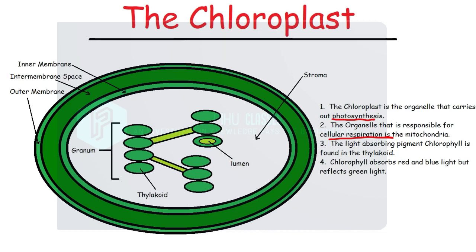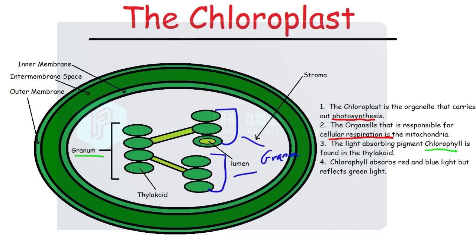Now the pigment that is responsible for absorbing light energy is known as chlorophyll. And chlorophyll is found in the thylakoids, which you can see in this picture. One stack of thylakoids is known as the granum. If you have multiple stacks, this is called grana.